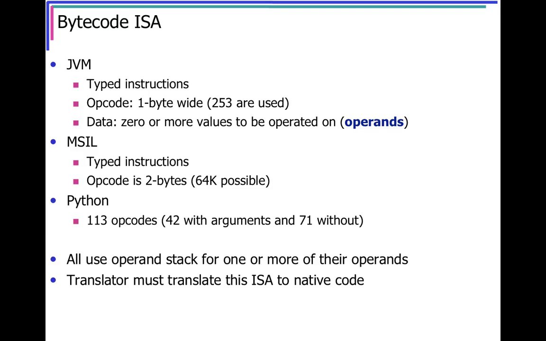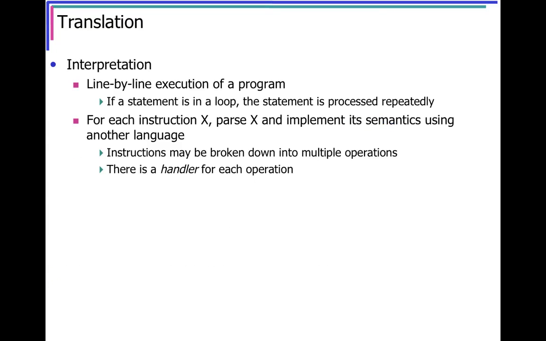All of these bytecode languages use the operand stack for 1 or more of their operands. And the goal of the runtime system is to translate this intermediate representation of your program to native code at runtime so that your program can be executed on the target machine.